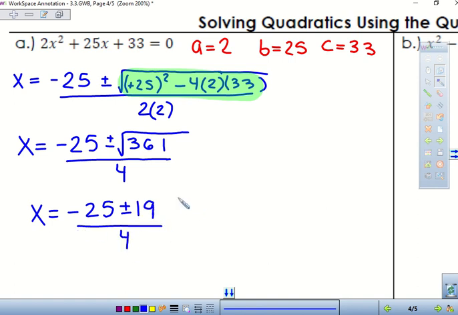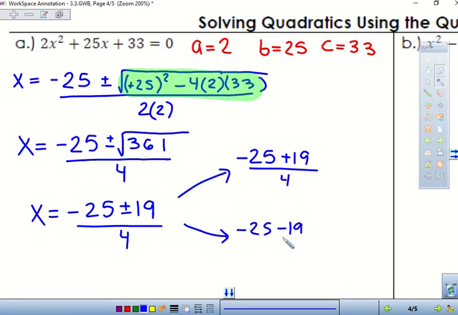So I can actually solve this as my two separate solutions because they're both going to be rational, real, right? Negative 25 plus 19 over 4 and negative 25 minus 19 over 4. So this up here gives me something, I think 6. Yeah.